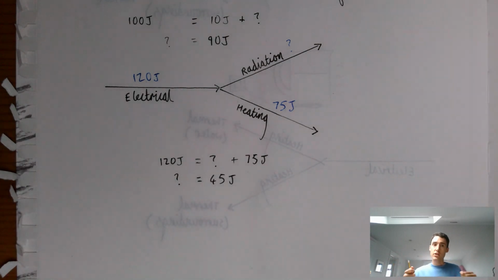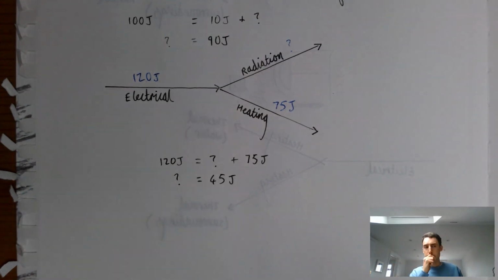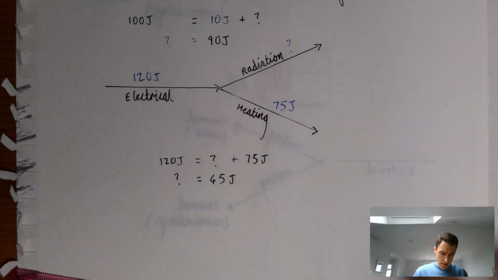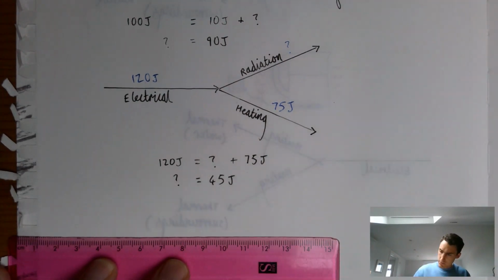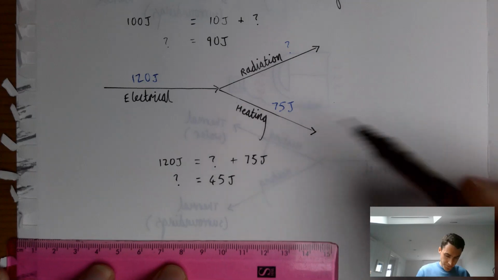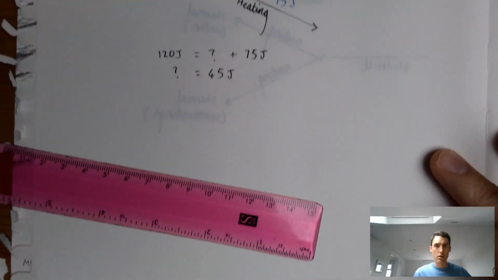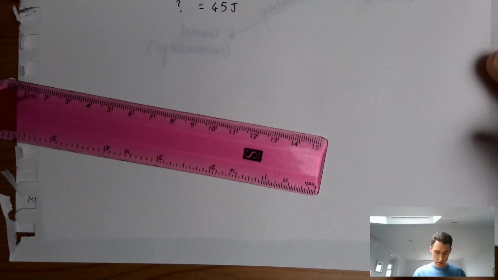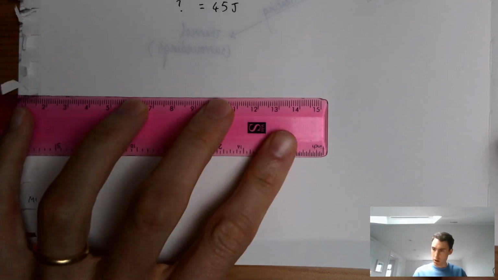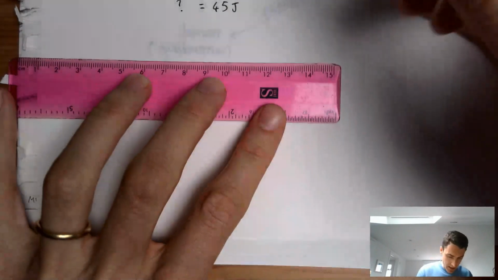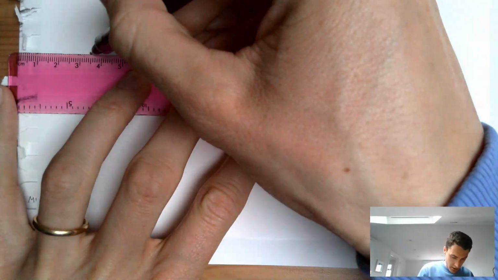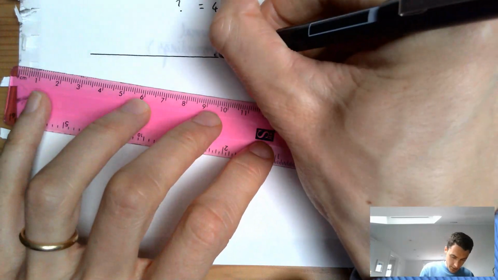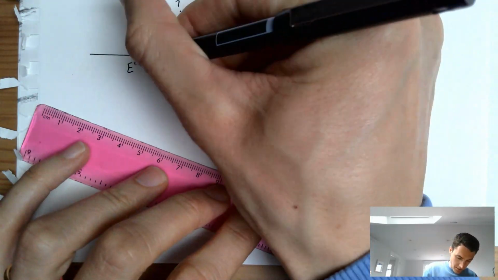And this is why it's good to get them to do it on whiteboards and then say, okay, let's go back to the visualizer and have a look. So then I go back under my visualizer, I'll draw it out like this. So it was an electric fan. Got some energy coming in from some sort of store electrically.